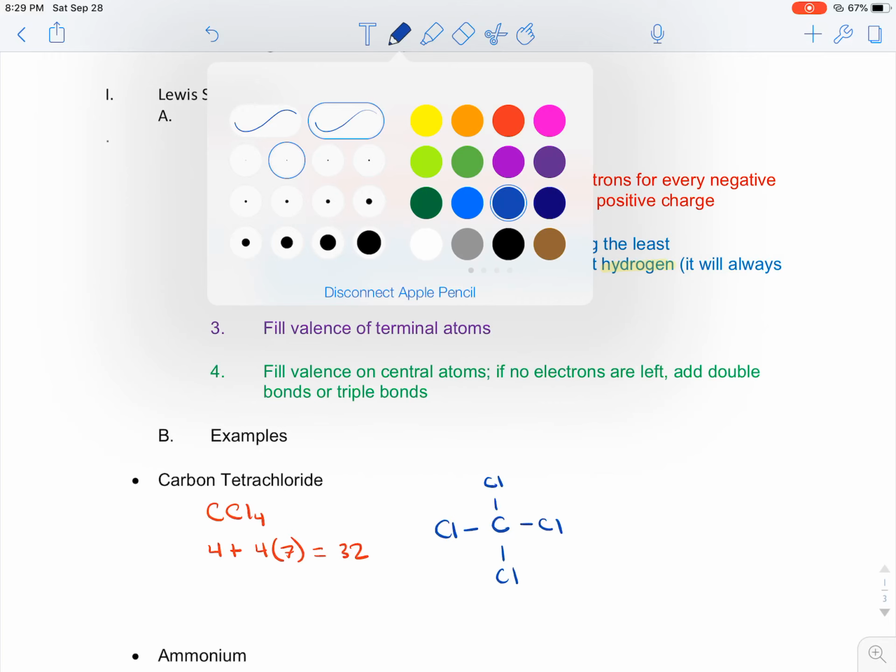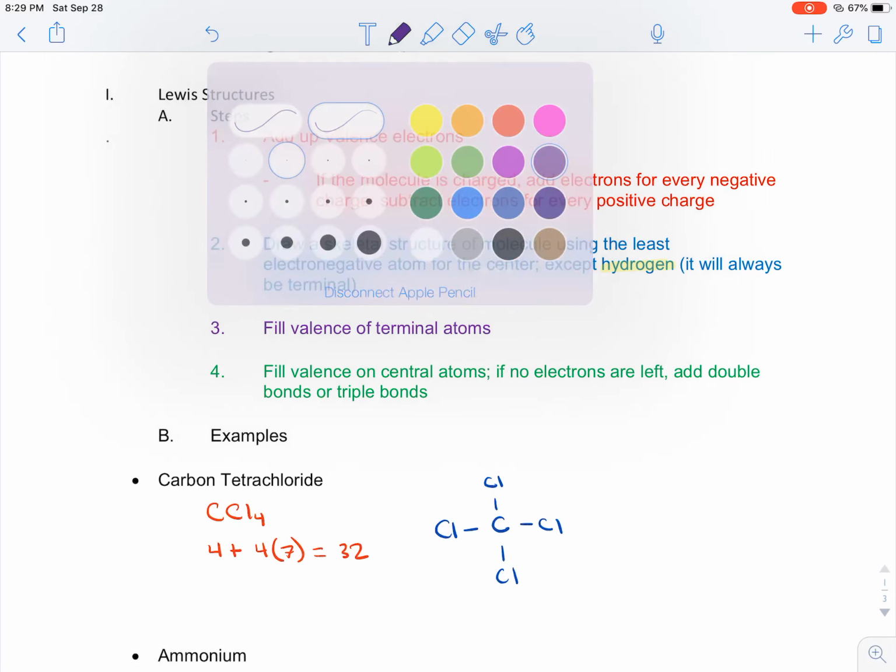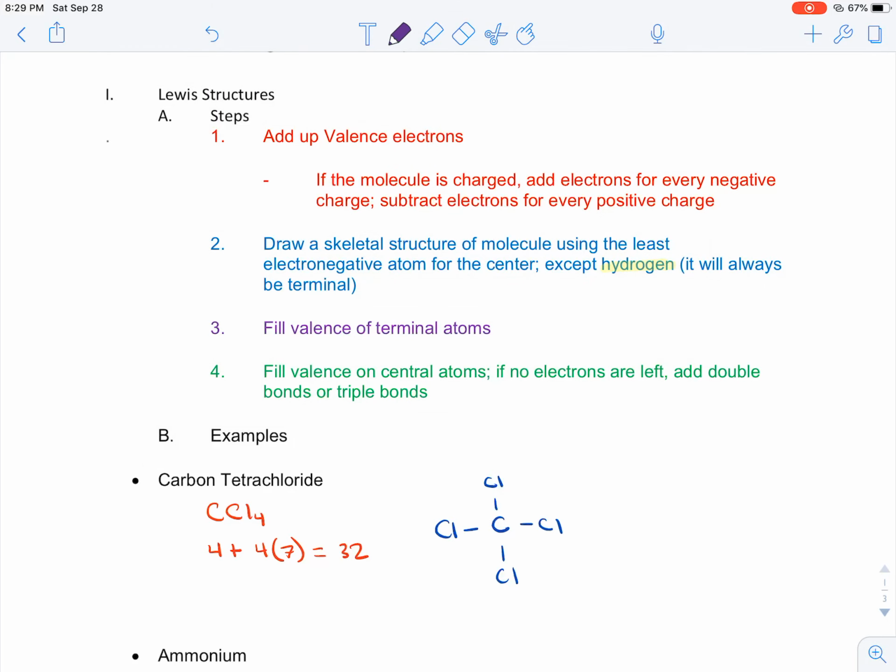Our third step is where we fill the valence of the surrounding or the terminal atoms. And so right now we've placed 2, 4, 6, 8. If we're following along, we'll highlight them. 2, 4, 6, 8. We've placed 8 electrons. So we have 32 that we can place, so we're going to keep filling the valence shells of like chlorine and carbon, hopefully, but we're going to start with chlorine.